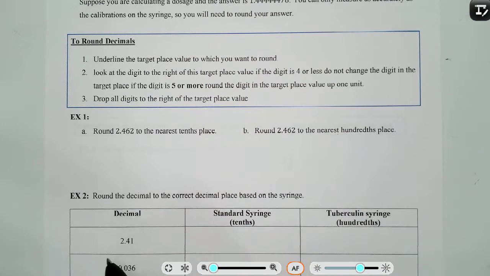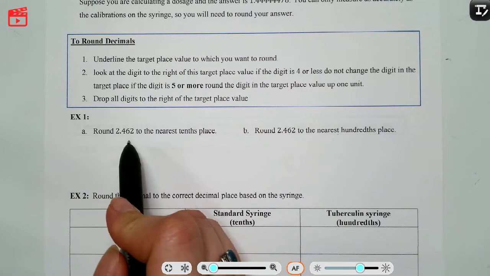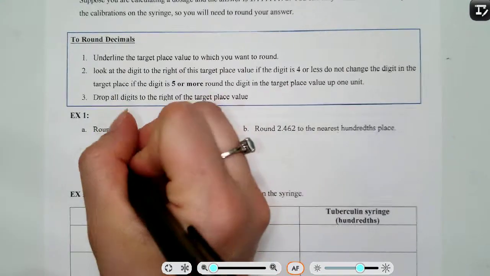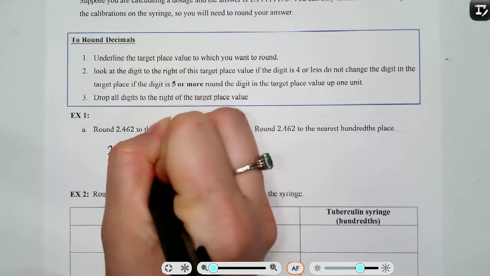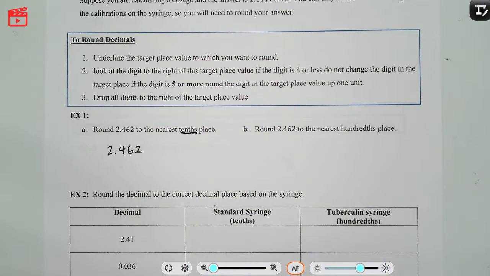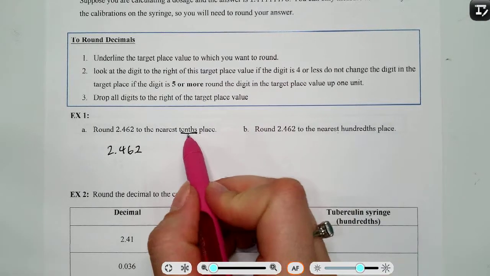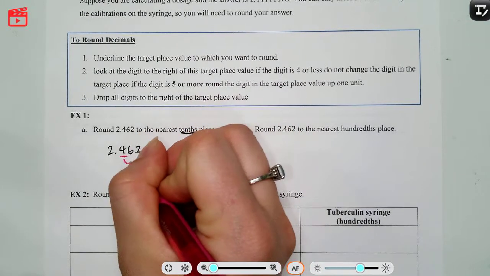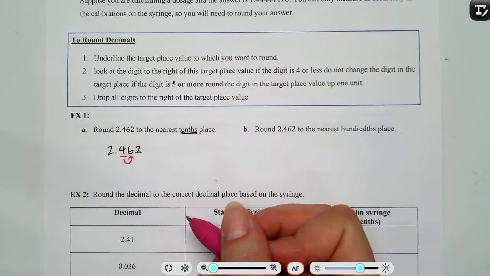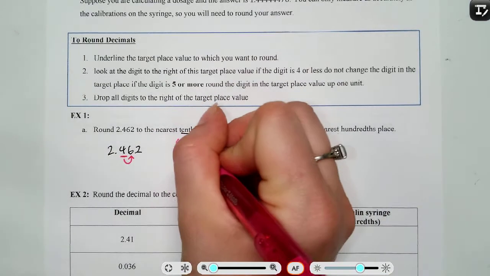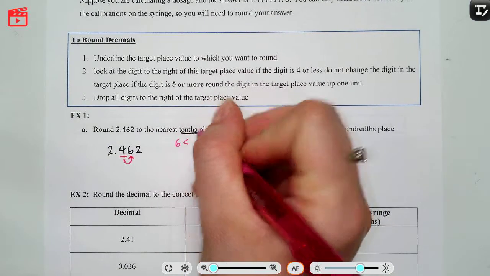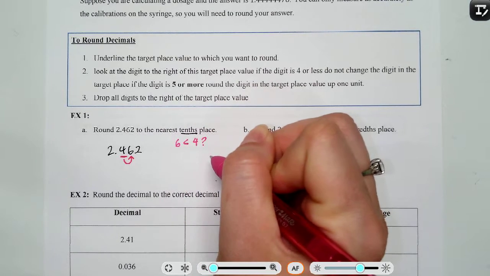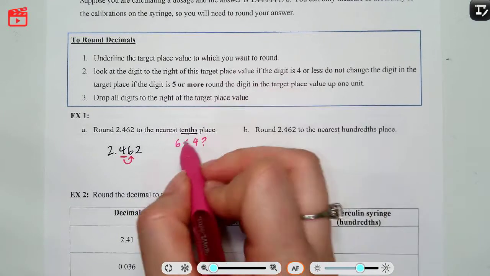Okay, so for example 1, round 2.462 to the nearest tenths place. All right, 2.462. Well, first thing we do is we underline our target place. We want the tenths. So this is the tenths. So now we're going to look at the number to the right of the tenths. Is 6 less than 4? 6 is not less than 4.